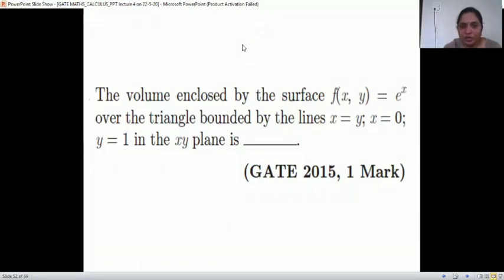Right? But we want here limits of x and limits of y. Draw those lines and try to find the limits by drawing a horizontal or vertical strip. If you have done it, anyone, please share your answer.